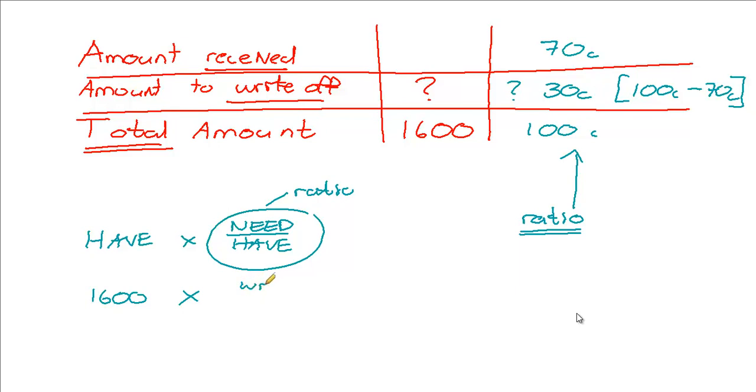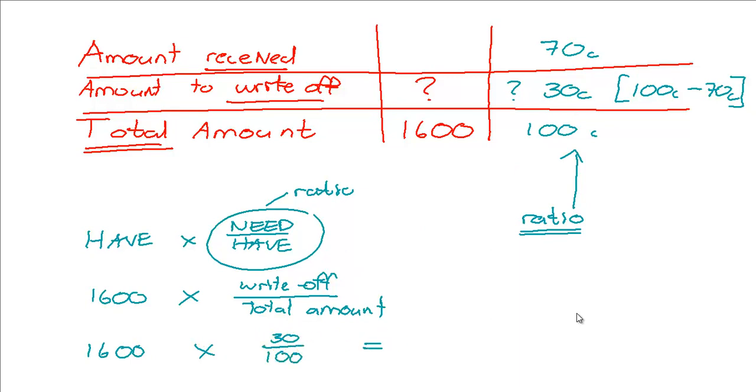So we can say write-off amount. The 1,600 represents the total amount. So we can simply say 1,600 times the 30 cents over the 100 cents. And that is going to give me the amount that I need to write off.